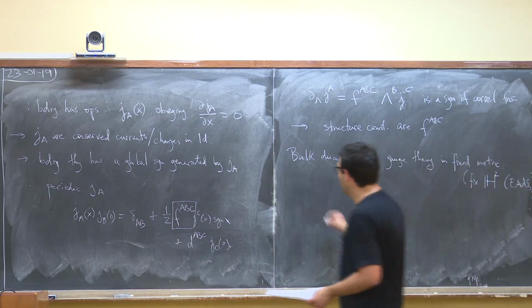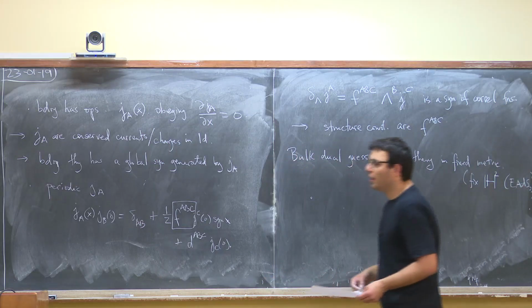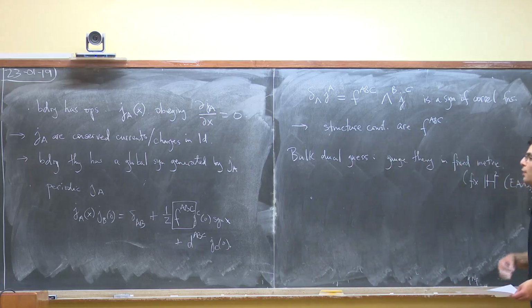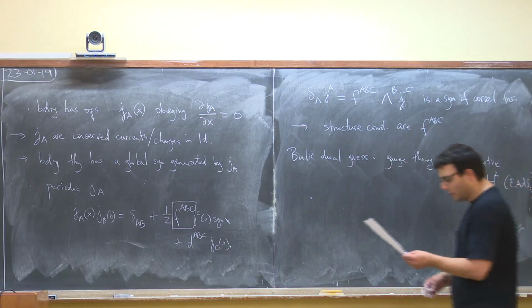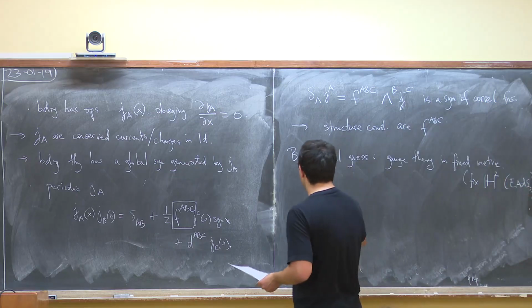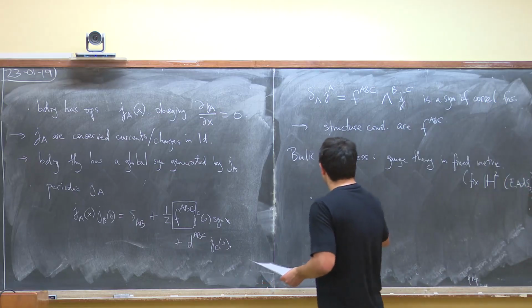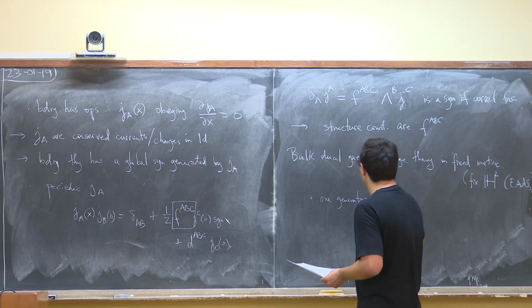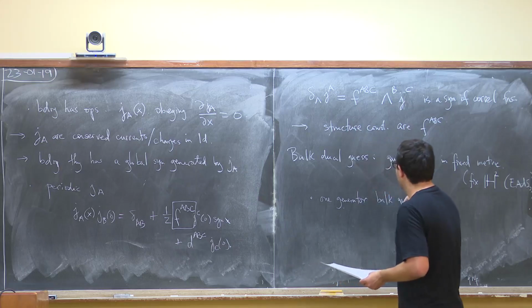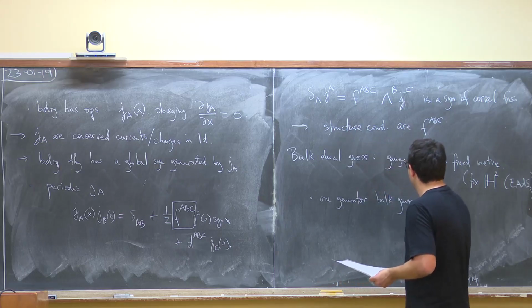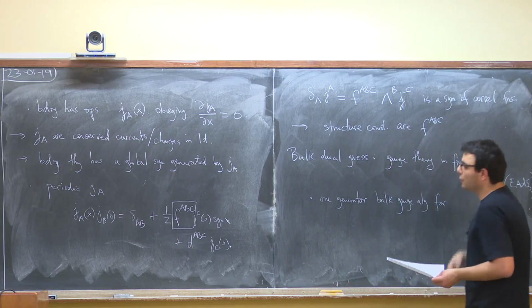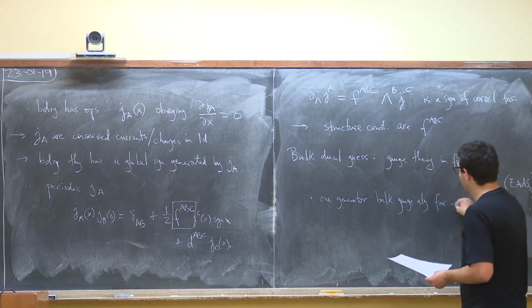And because in the bulk we have one bulk field for every single trace operator on the boundary, in the bulk we should just have one generator of the bulk gauge algebra only for the single trace operators on the boundary.